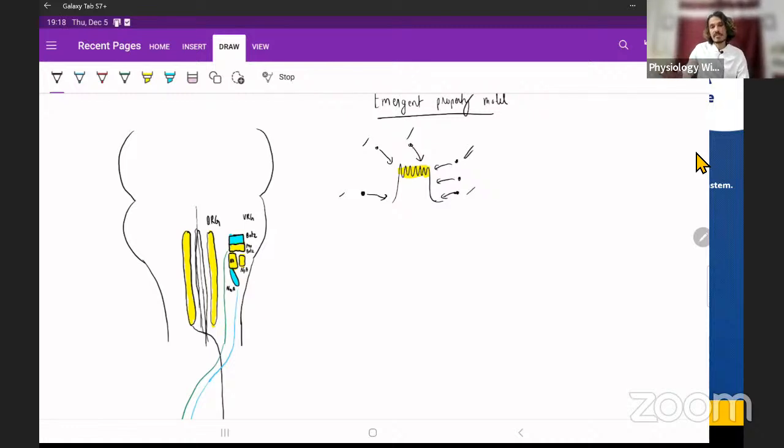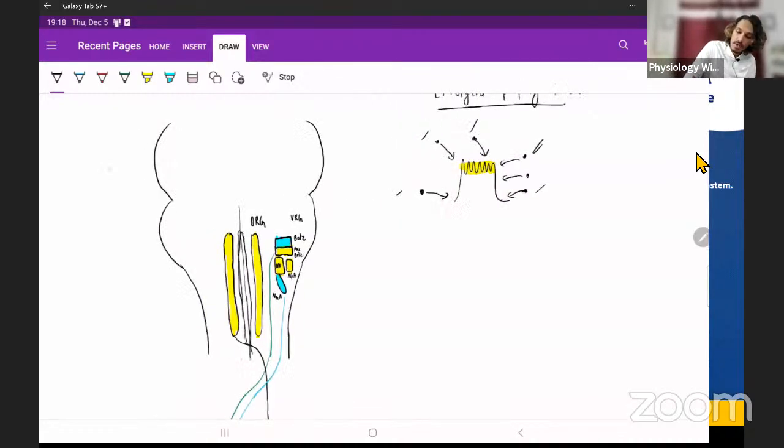Now, the peculiarity of this ramp signal is that this is where you have your control from your pons. So there are two centers in the pons. One which is called the apneustic center, and another one which is called the pneumotaxic center.